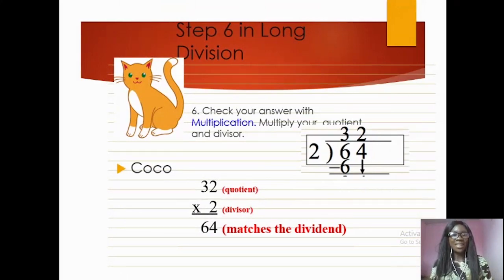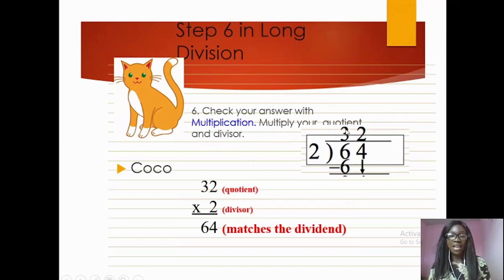So let's check. Step 6 is Coco. We only use Coco once because we can't just use it continuously. We only use it when we are sure that we are done with our division. So Coco will help us check if our answer is correct. We have 64 divided by 2, and our quotient is 32. What does Coco say? To check your answer with multiplication, you multiply your quotient and divisor.